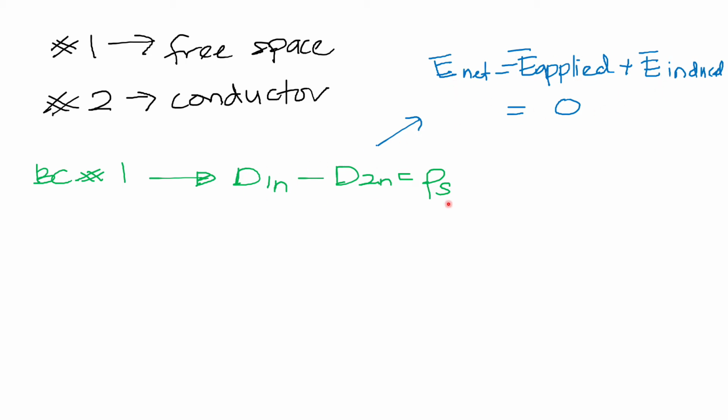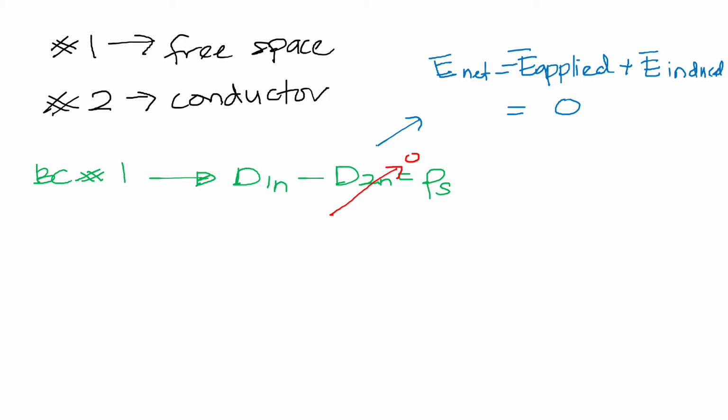In this case, which one is our conductor? Yes, this one is our conductor. Because of this statement, we can say that our D2n will become 0, so the boundary condition number 1 becomes D1n equal to rho s.